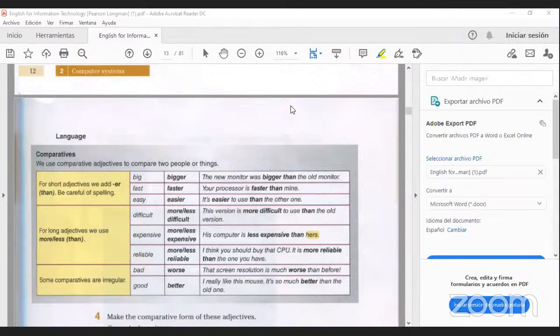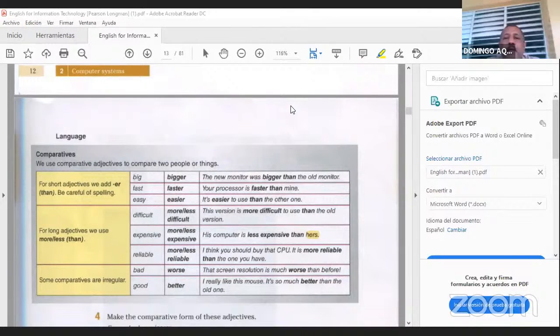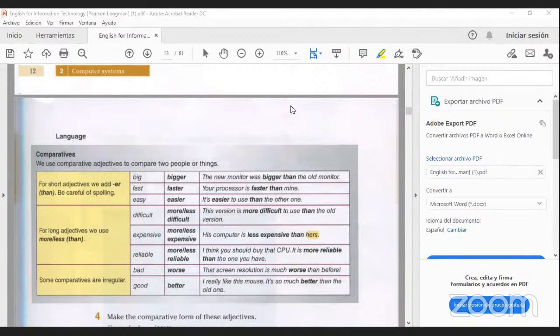This is a possessive noun. Let's check. Can you see the screen? Teacher, I searched about the word hers and I have an example.